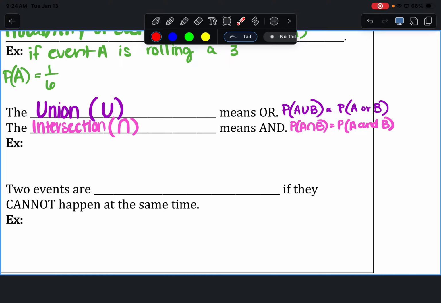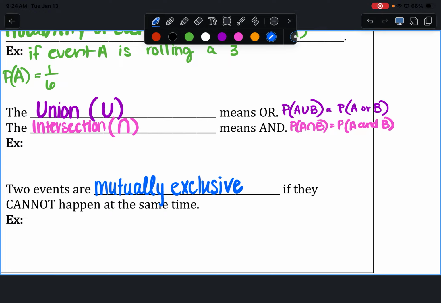Okay? So if we have something that cannot happen at the same time, those two events are considered to be mutually exclusive. Means they cannot happen at the same time.